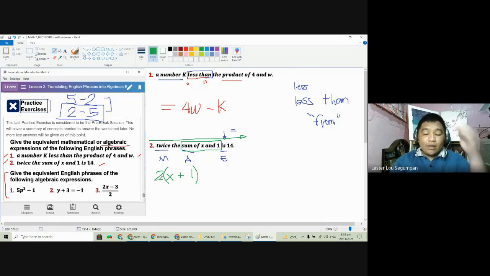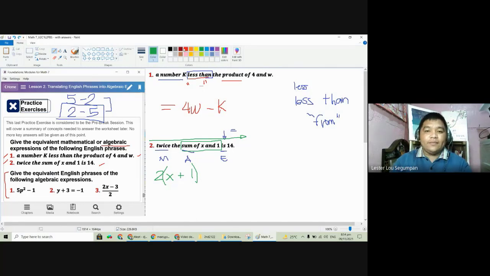This is not the correct way of writing twice the sum, because the other way around could be read as twice x plus 1, or the sum of twice x and 1. But here we are doubling or getting the twice of the sum. So this is twice the sum as a whole. We're treating the sum as 1.